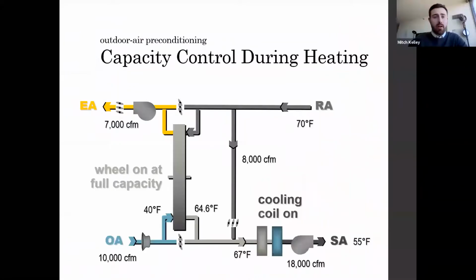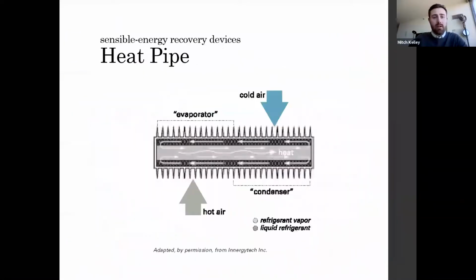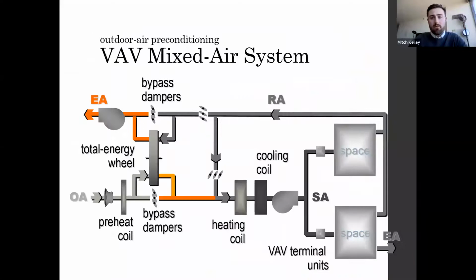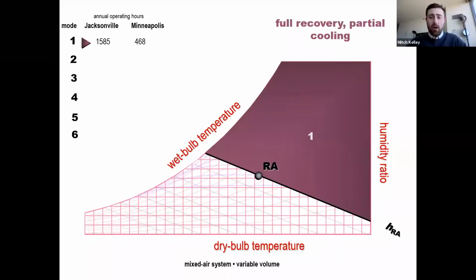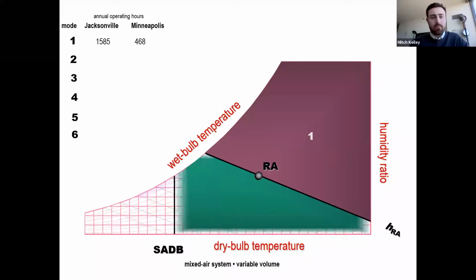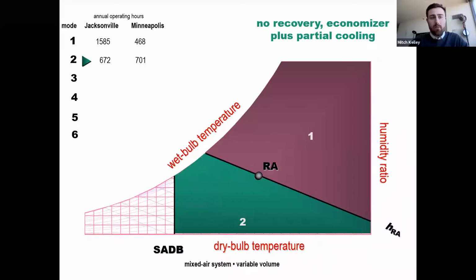So the wheel, so again, our use cases of that wheel itself. So again, we're going to use it in our cooling dominant mode. We are going to use it in... we're not going to use it at all really during this mode here, because the operation of the wheel would increase the enthalpy of the OA.